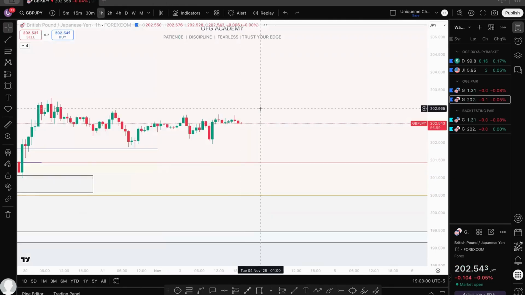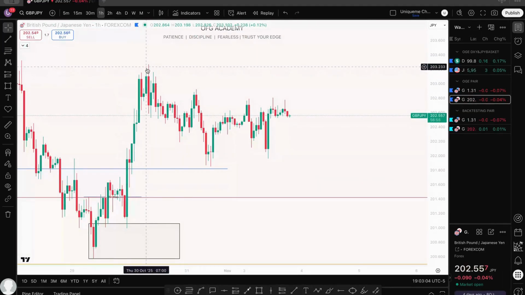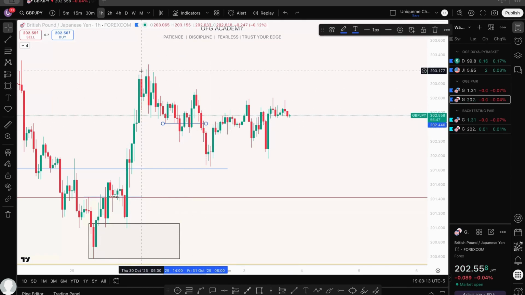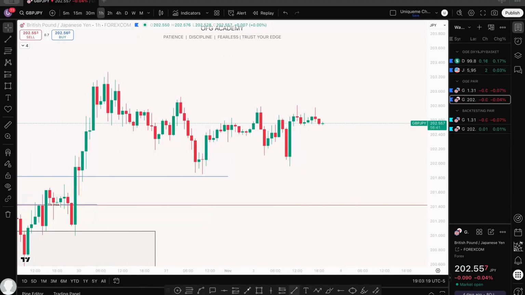If I come down to 1 hour, what do I have here? Okay, there's a shift of market structure here. I'll use this one, or you can use this one, to this high here, shift of market structure around here.